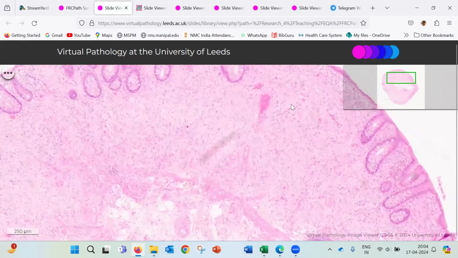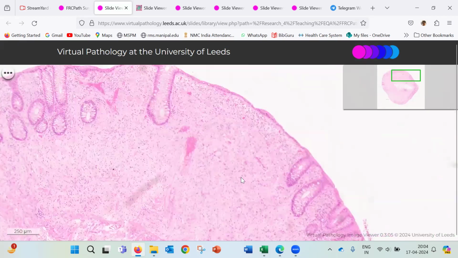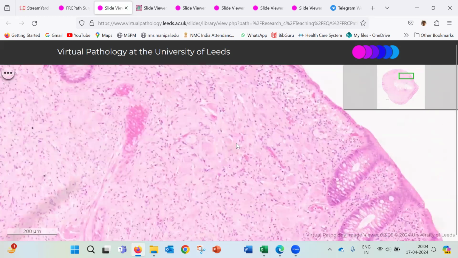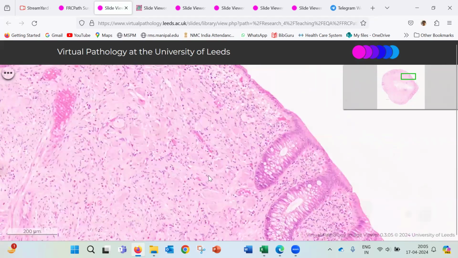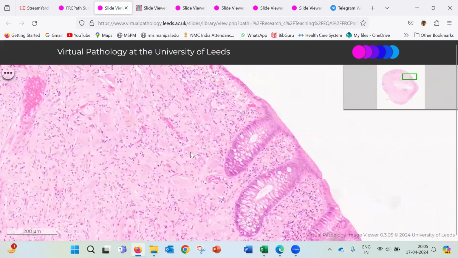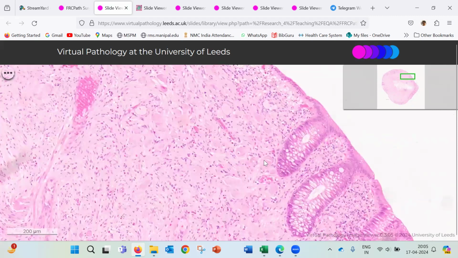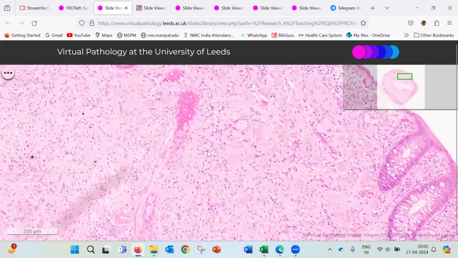But in this particular case, if you go to the higher magnification, you see this kind of large cells, irregularly clustered. So these are ganglion cells with prominent nucleoli, which are characteristic of ganglion cells.